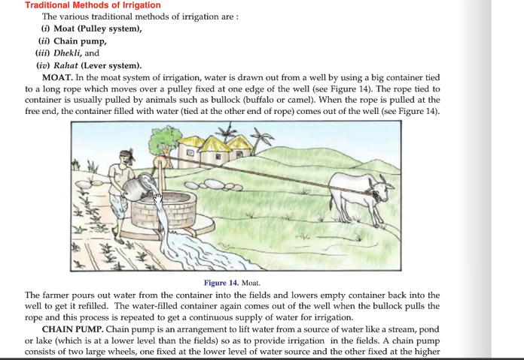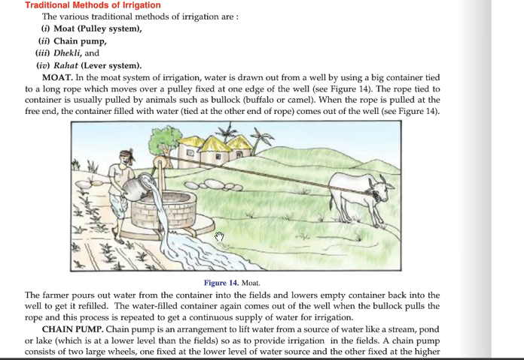The filled container is lifted up, and a person standing near the well carries the container and easily draws out the water.